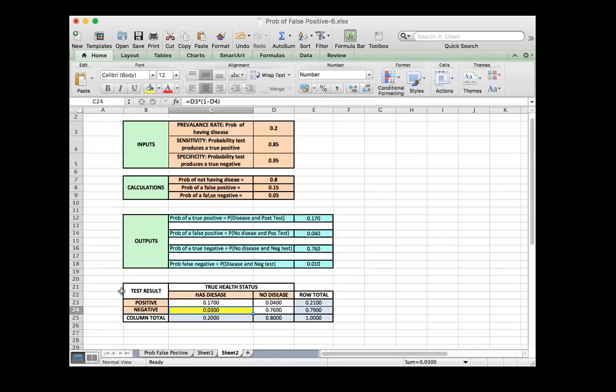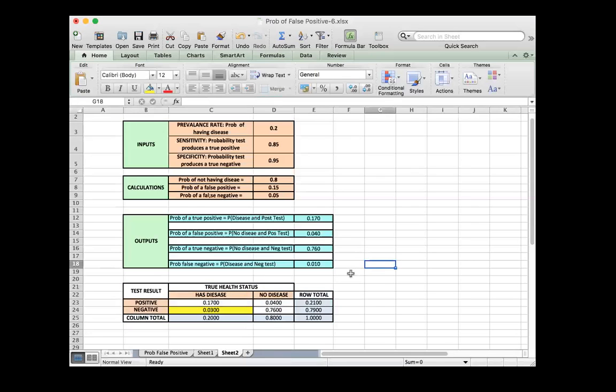So for the Word document, the first one asks the probability of having the disease, assuming the test was positive. So the true positive. Yeah, I think you want to use this table. Okay, so the 0.17 and then the false negative, the 0.03. Yes. Okay.